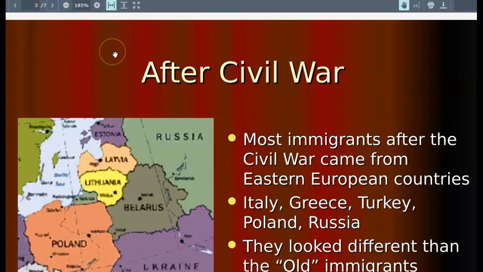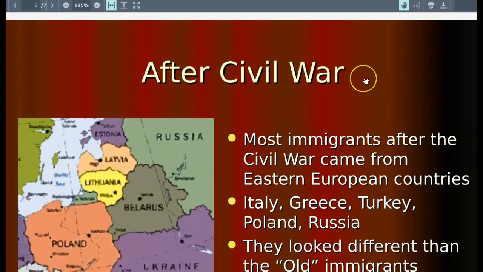After the Civil War, these are the immigrants that we refer to as the new immigrants. They came from other countries like Eastern European countries. They came from Italy, Greece, Turkey, Poland, Russia. So Southern European countries and also Eastern European countries.